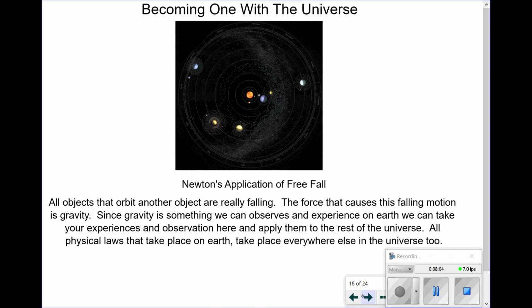Every law that exists in the universe, every physical law, is valid in all locations. So to understand what is happening in a galaxy far, far away, we just have to look at what's happening in our own backyard, because the laws in both locations are exactly the same.